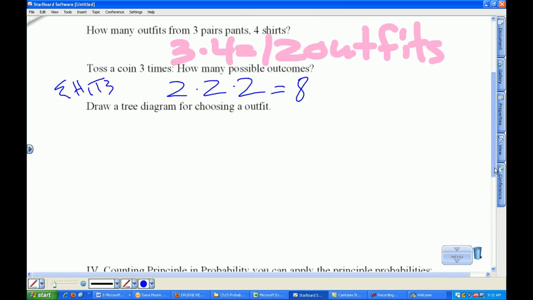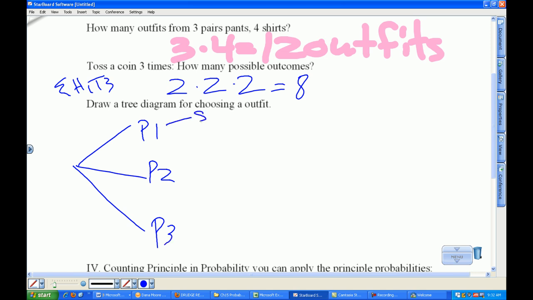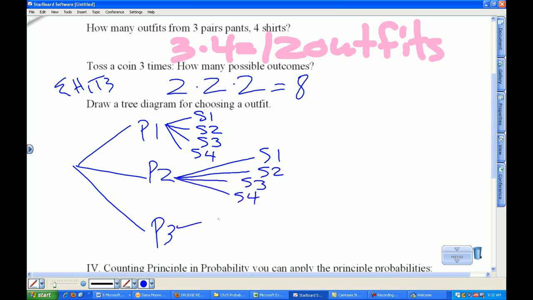Draw a tree diagram for choosing an outfit. Alright, well, we have outfits from 3 pairs of pants. So I got pant 1, pant 2, and pant 3. 4 shirts. Shirt 1, shirt 2, shirt 3, shirt 4 for each pair of pants. And there's your tree diagram.